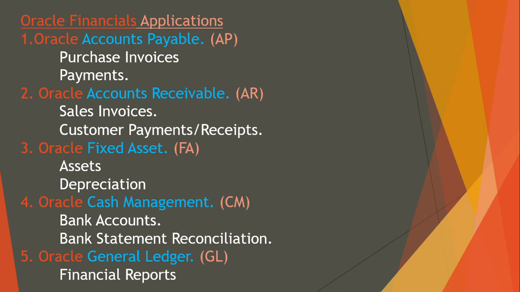The same case applies to Oracle Accounts Receivable. Oracle Accounts Receivable usually processes the sales invoices. This is where we maintain the information of our customers, and the transactions that we have done with our customers are managed under Oracle Accounts Receivable.